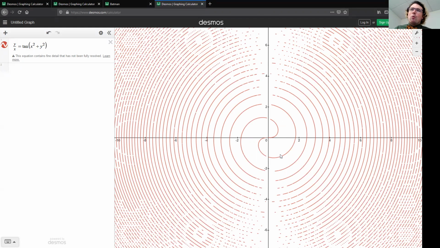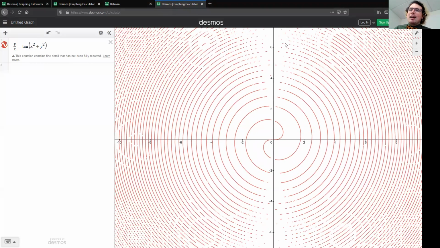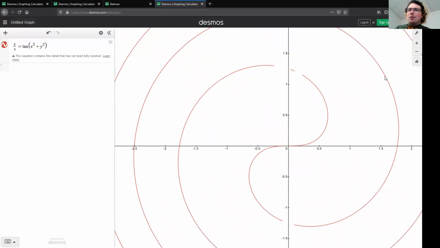As we get farther away from the origin, Desmos is sort of sputtering a bit. All of these places where the line trails off should be continuous, it's just that the computer does not know exactly what to be doing. Let's zoom in a bit and it will look a little nicer.